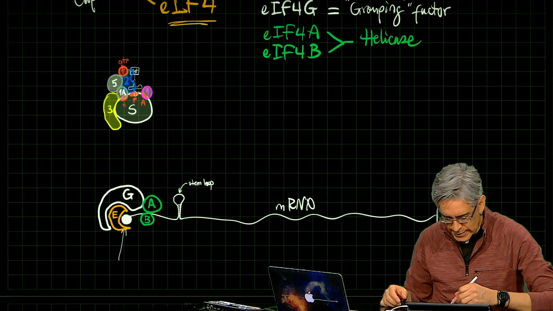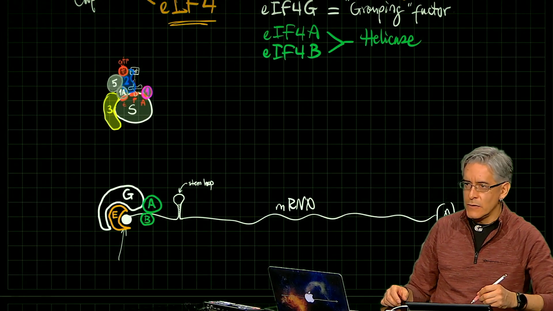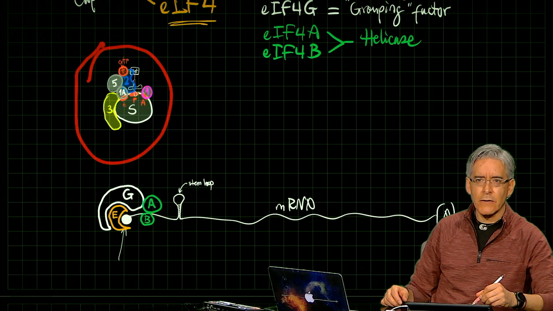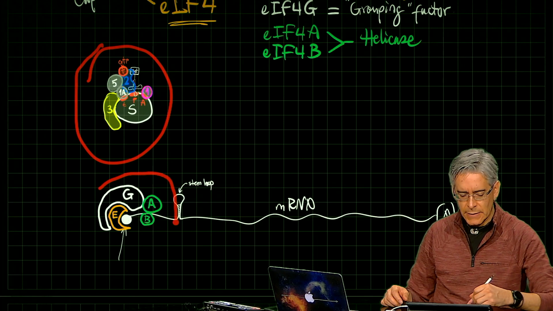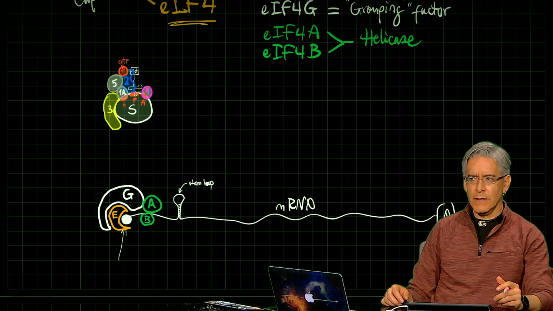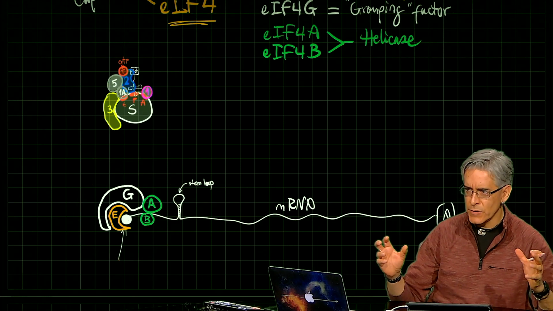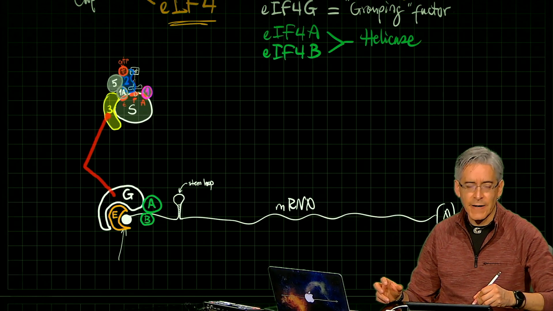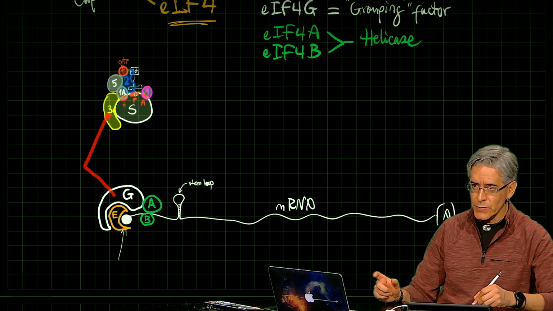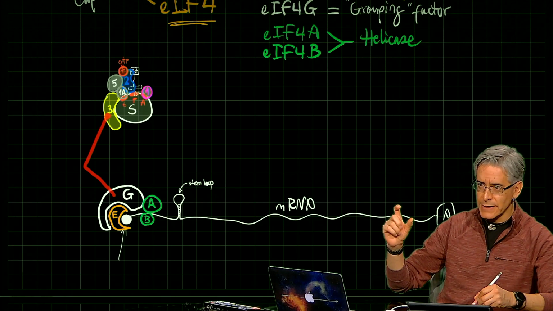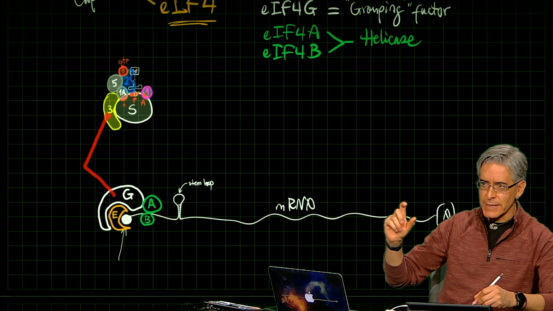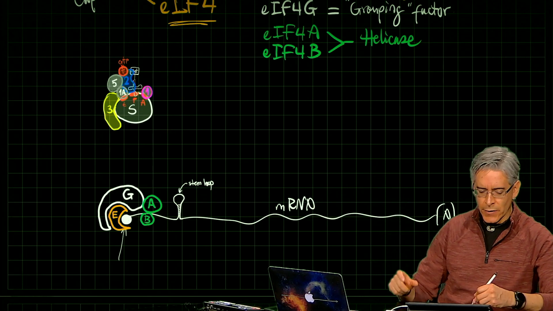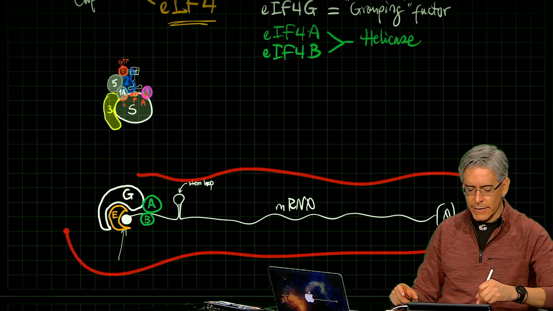So the next stage then will be linking these two components. We're going to be bringing this complex in close proximity to the messenger RNA. And this is going to be possible because factor 4G has the ability to bind to factor 3. So these two will be able to interact with each other, and that interaction is going to then allow the deposition of the 43S pre-initiation complex onto the messenger RNA.